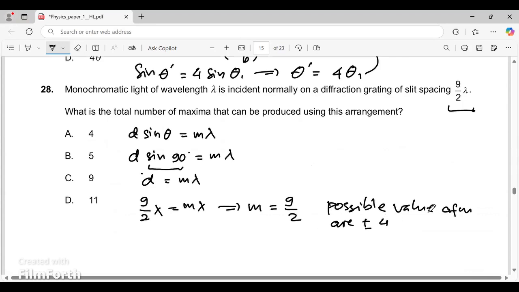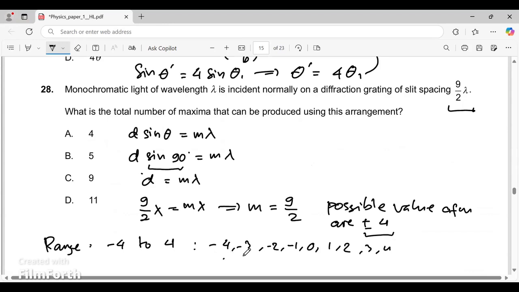The values of m range from minus 4 to positive 4. So minus 4, minus 3, minus 2, minus 1, 0, 1, 2, 3, 4. That is 1, 2, 3, 4, 5, 6, 7, 8, 9. So 9 possible values.